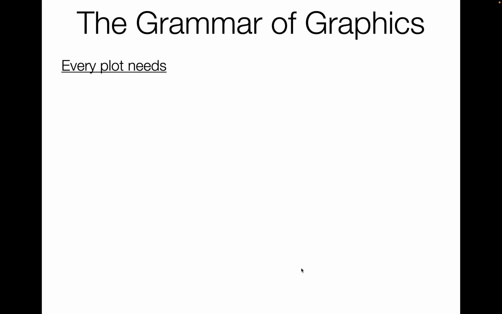In front of plot is GG, which stands for Grammar of Graphics, and I talked a little bit about the Grammar of Graphics. From the Grammar of Graphics, we have that every plot really needs three things. The first is data, which is obvious. You need data with aesthetics. We're going to talk a lot about aesthetics in this lecture.